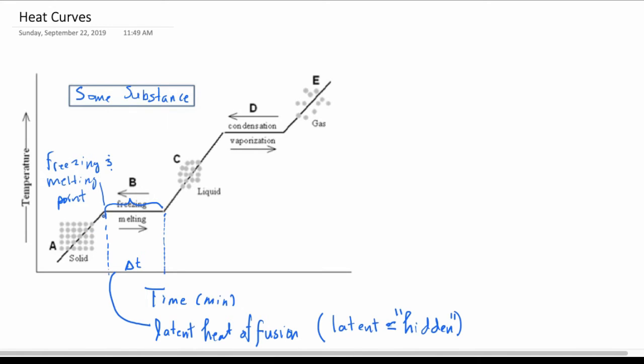When it reaches this point here, it is still at its freezing point. However, you do begin to see it melt. And as it's melting, both the ice and the water are at the same temperature. But there's enough heat being absorbed to break the bonds that are keeping these particles close together. And we call that a hidden heat, a latent heat.